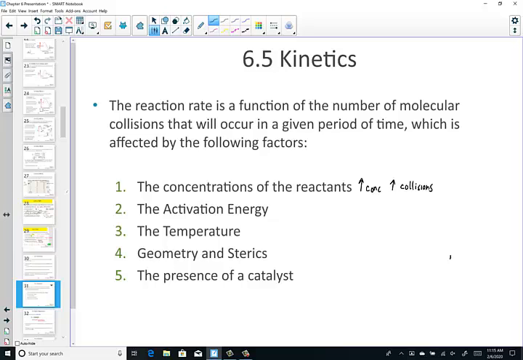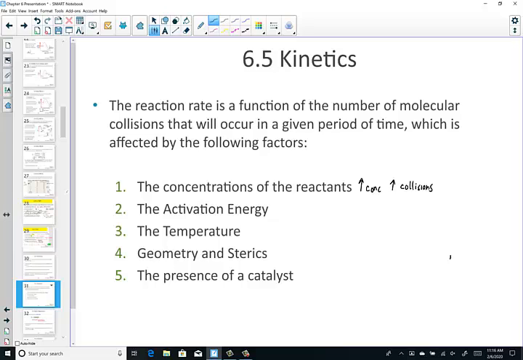The temperature, raise up the temperature, more kinetic energy, molecules move faster, more collisions, again, a faster kinetics. The geometry and sterics of your mechanism, do you have any inhibiting factors in your mechanism? And again, the presence of a catalyst that can lower the activation energy.